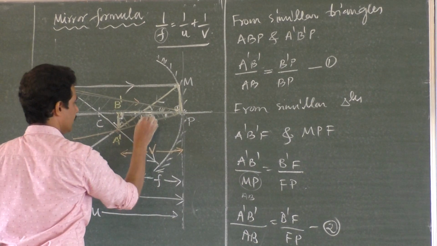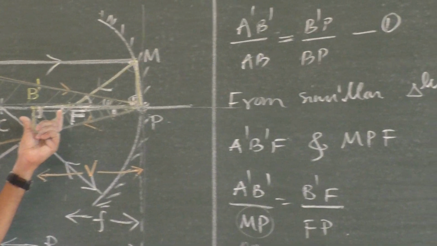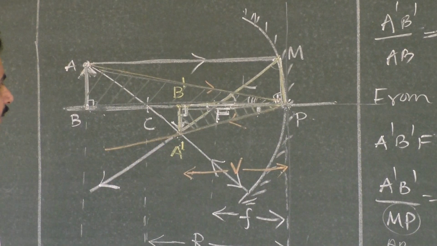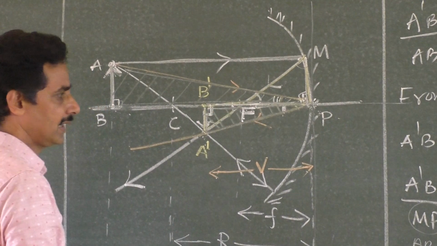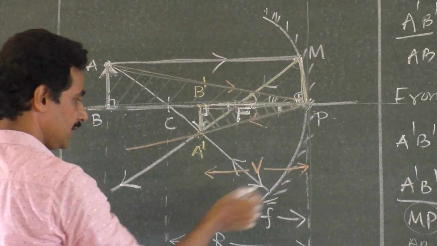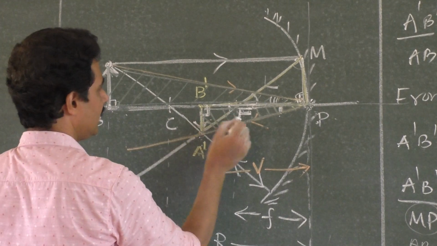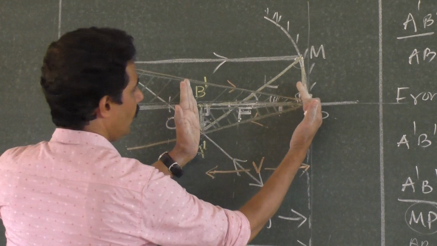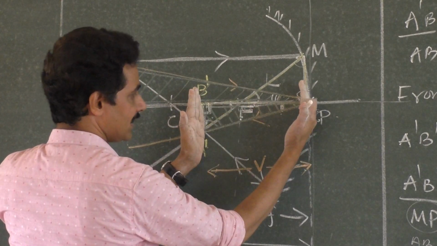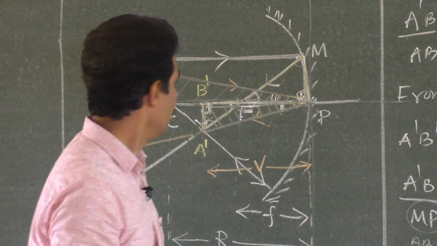It is neither focal length, nor object distance, nor image distance. But one thing you can do: B dash F can be written as B dash P minus FP, where B dash P is image distance and FP is focal length. So from the total distance B dash P, if you remove FP, you will get B dash F.